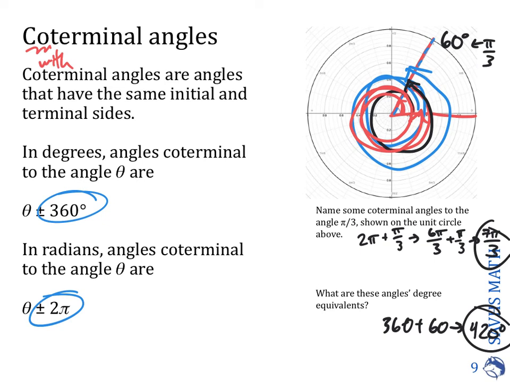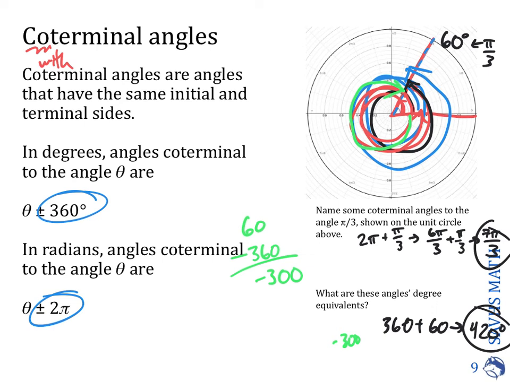So that means that we can get negative angles out. So quickly, if we take our 60-degree angle, and we subtract off 360, we get negative 300. And so negative 300 is going the opposite way around the circle. So negative 300 is an option also.